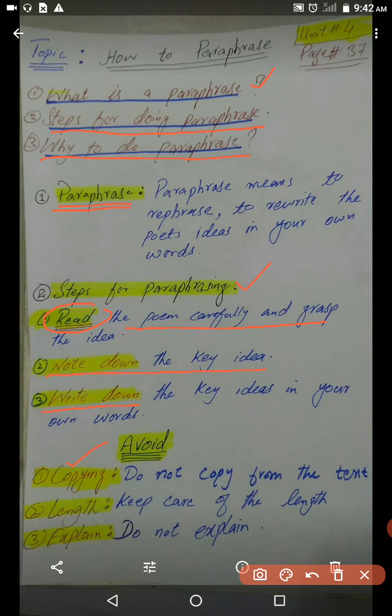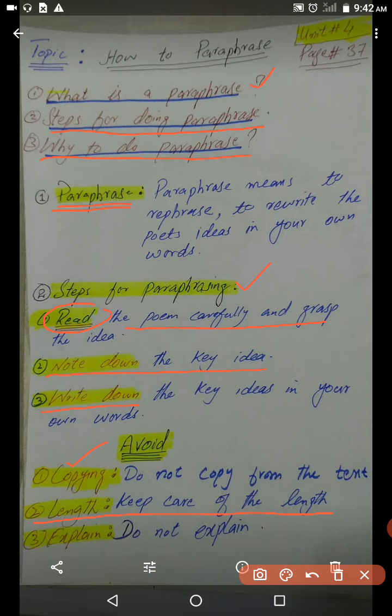And the second thing is length. Keeping care of the length is very important, because sometimes, suppose a poem is having 4 lines, students start writing and write 8 lines or 10 lines or 12 lines.